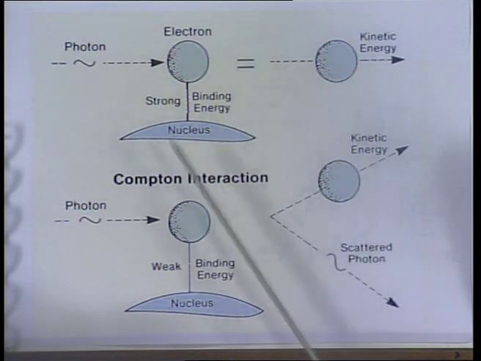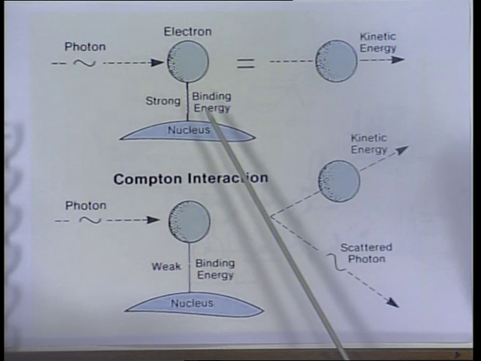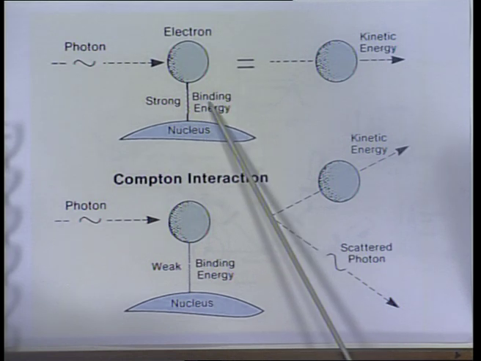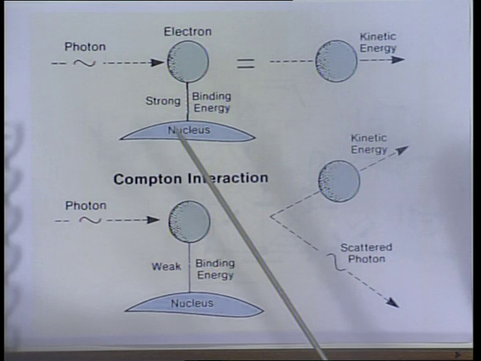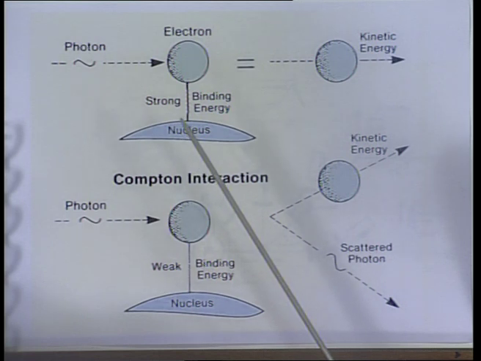The remaining energy is deposited near the interaction site. The gamma ray photon ceases to exist after the interaction.